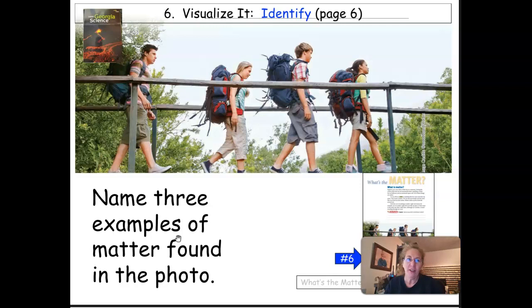So pause the video and write down 3 examples. Some examples that I put were water, air, trees, kid, backpack, grass.